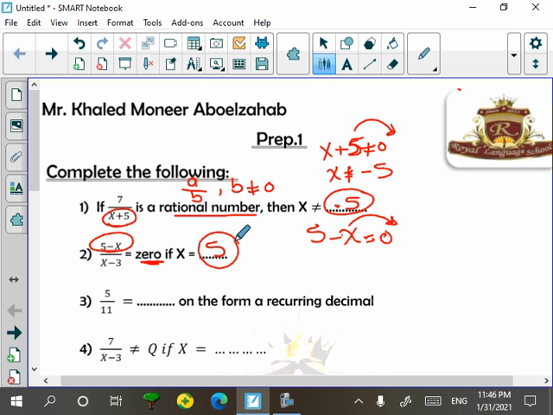Click on the S-D button, and the answer will be 0.4545, a lot of 4 and 5. The recurring number is written as 0.45 with a dot over the 4 and a dot above the 5. It is an abbreviation meaning that 4 and 5 repeat a lot of times.